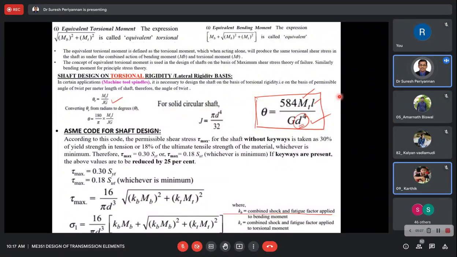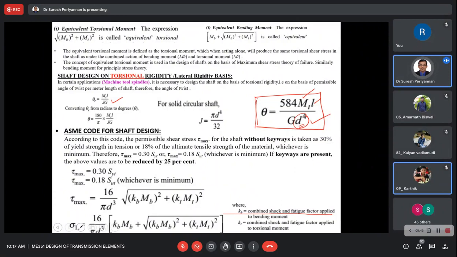From this relation we are able to find the shaft dimension based on torsional rigidity. Now, the ASME code approach is also in the design data book.